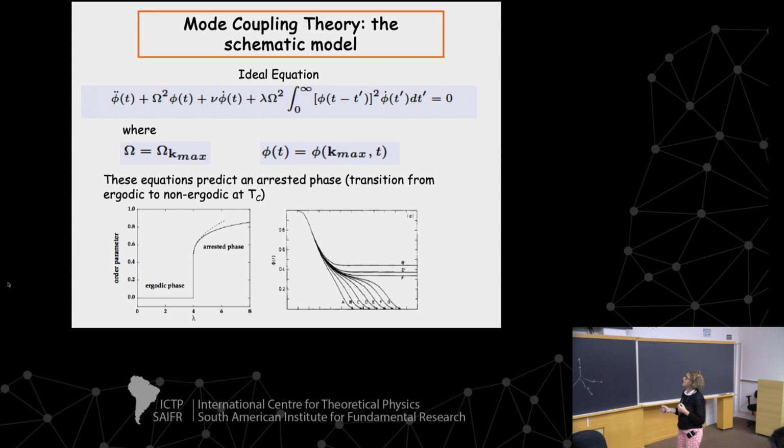And this is... Please note, you will see it in the next, that this is a logarithmic scale. So glass transition phenomenon is one of the few phenomena in physics where the relaxation law stretches many orders of magnitude in time.